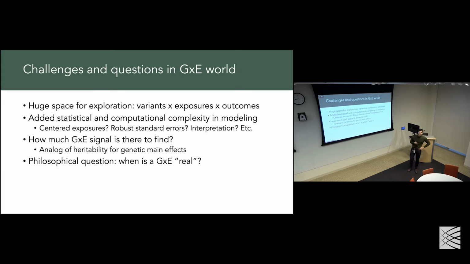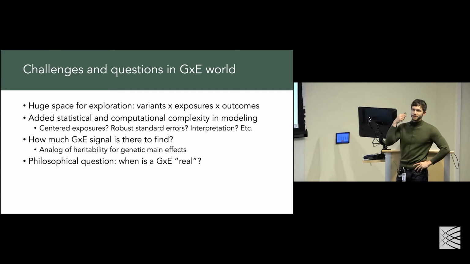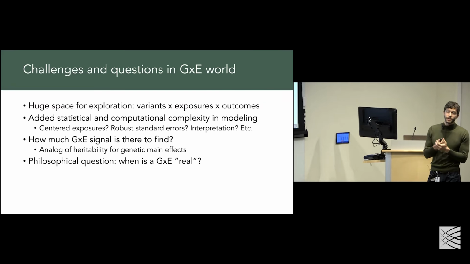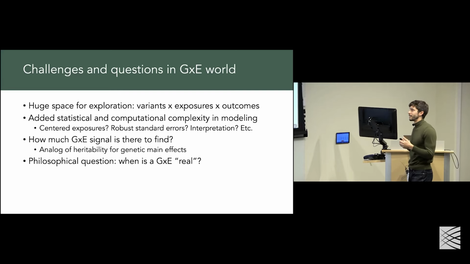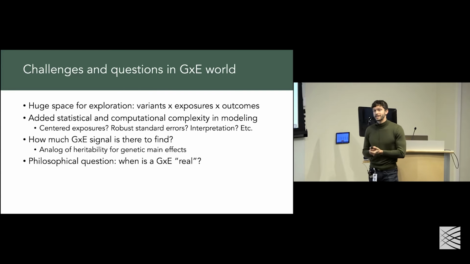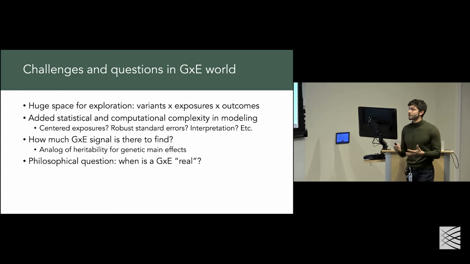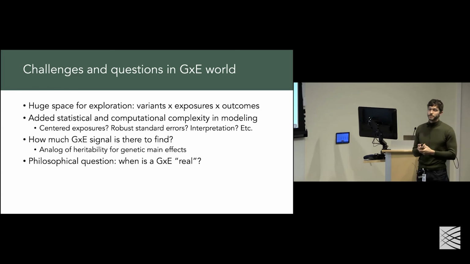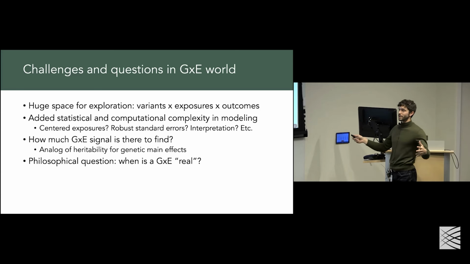So in terms of challenges, we won't talk about addressing all of these here, but just to get your mind going as to why, even though there's a strong motivation for why we might be interested in G by E, there are some challenges we have to get over in order to analyze these. One is that there's an even larger space for exploration than for typical genetic effects. It's not just genome-wide genetic variants.